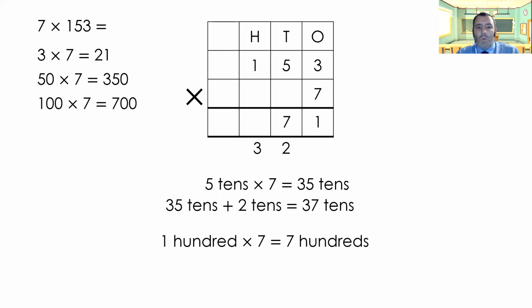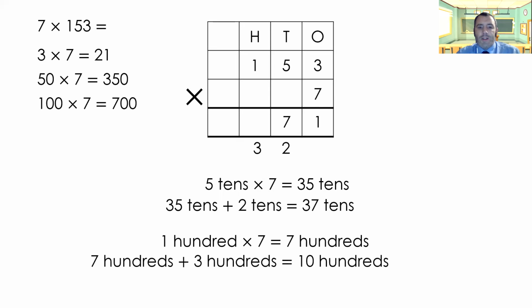So 100 times 7 gives me 700s. 700s plus 300s gives me 1000s. So I need an extra column on my calculation for my thousands. That gives me an answer of 1071. There we go, 1071. How did you get on?